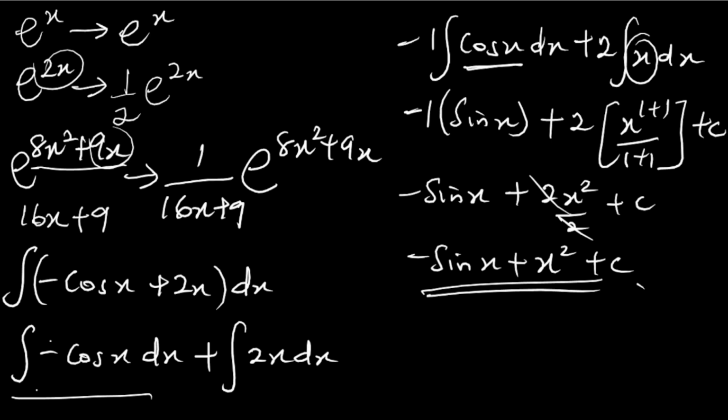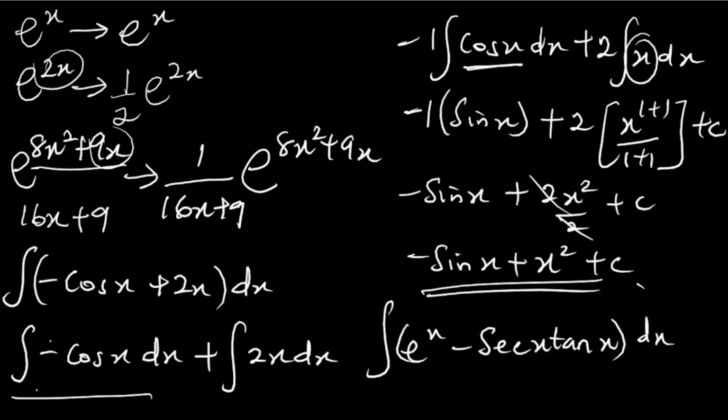Okay. Let's also assume that we were given something like this. We were asked to find the integral of, let's say, e raised to the power of x minus sec x tan x plus, okay, dx. Integrating e raised to the power of x will give us that same thing.